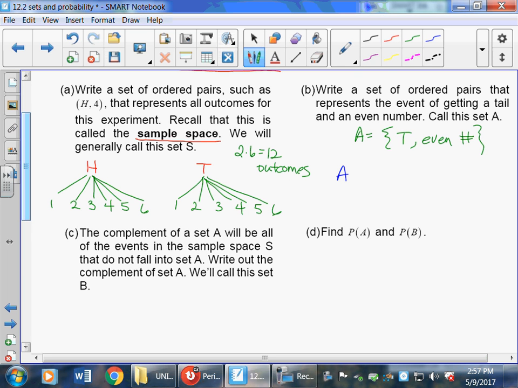Remember I'm going to have ordered pairs here. I'm going to have a tail, so I'm going to be over here somewhere, and I need an even number. So I'm going to have a tail and a 2, a tail and a 4, and a tail and a 6. So that's my A.